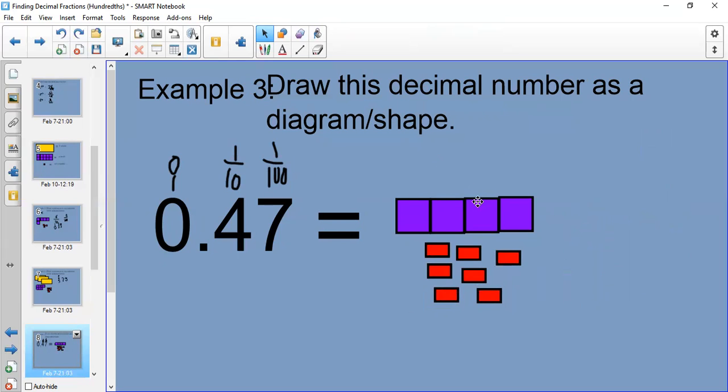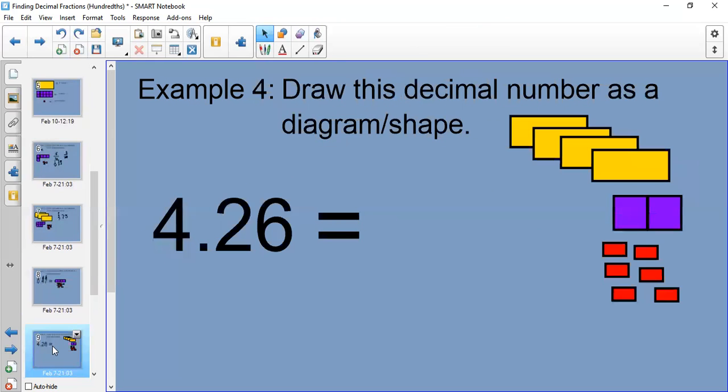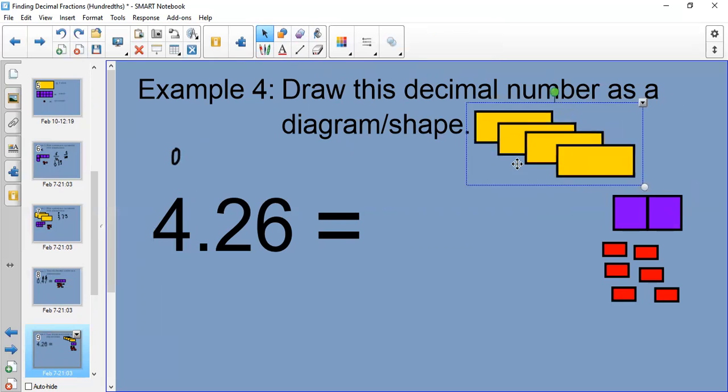So when that question comes up in your activity sheet, that is something that you can do. Obviously the number is going to be different from this one because I want you to show your understanding, but you follow the exact same steps and you will get the correct answer. What about this one here? Draw this decimal number as a diagram or a shape. Right, in my ones column, my whole ones column, because this is obviously a whole number, 4. So I need 4 whole parts and I've got them here.